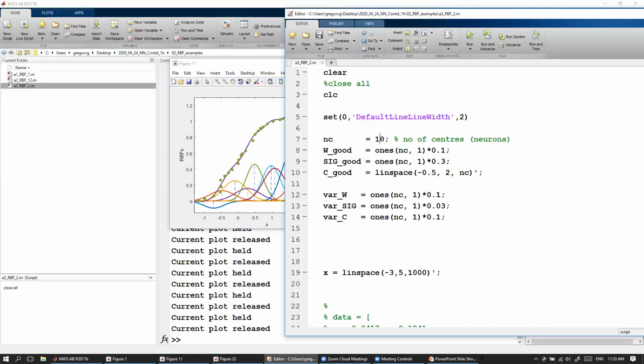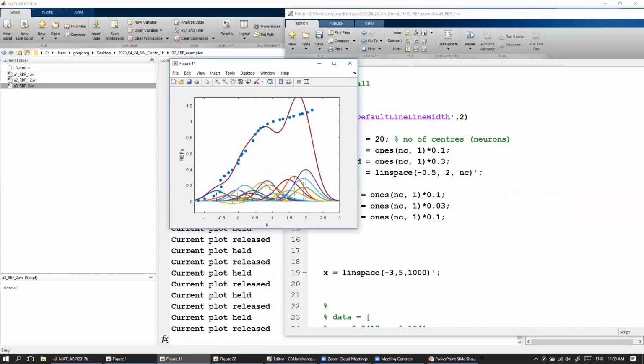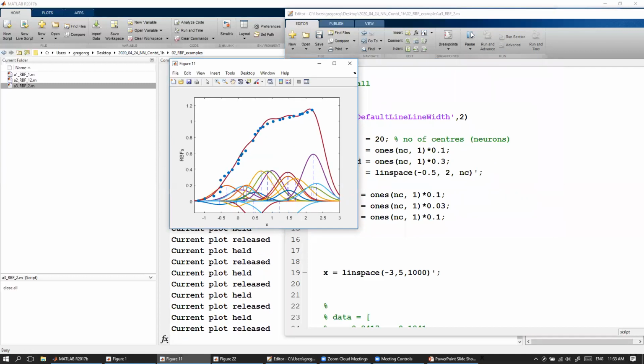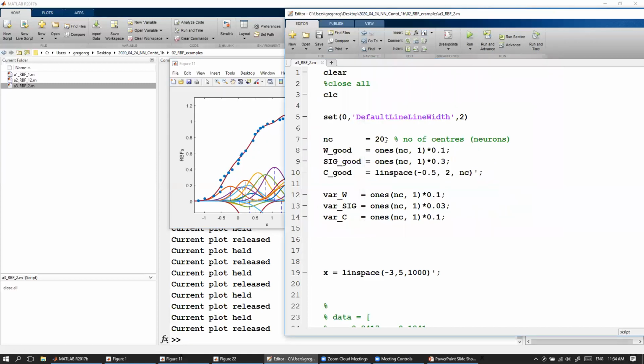So further increase, for example, to 20. So what happens here? More and more neurons go negative. And if you take a look, I'll try to increase that even more.